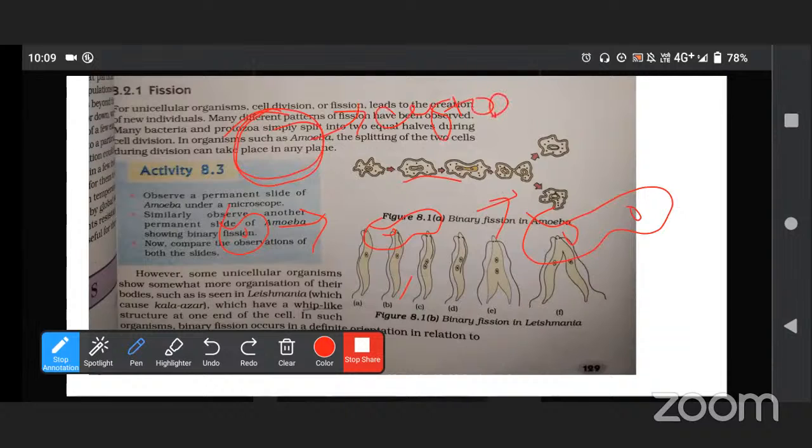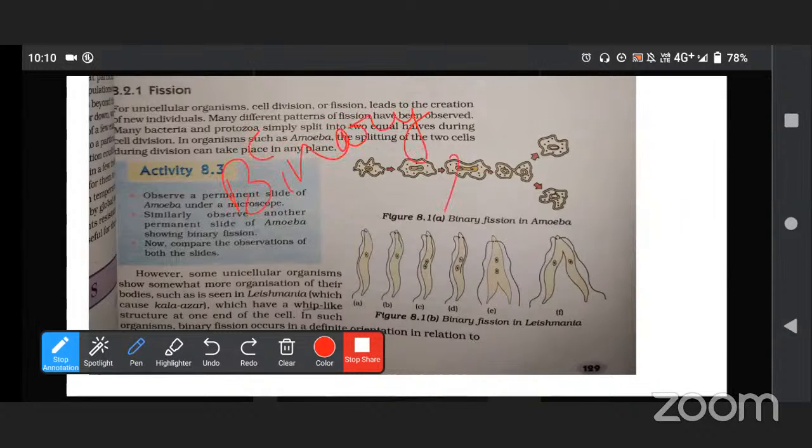The cytoplasm divides into two parts, and ultimately it forms the new individual. So here you can see from one amoeba, two amoeba are produced. That's why it is known as binary fission. Fission has two types. Binary fission: bi means two. From one individual, two amoeba are produced. Remember this: amoeba reproduces by the process of fission, mainly binary fission.